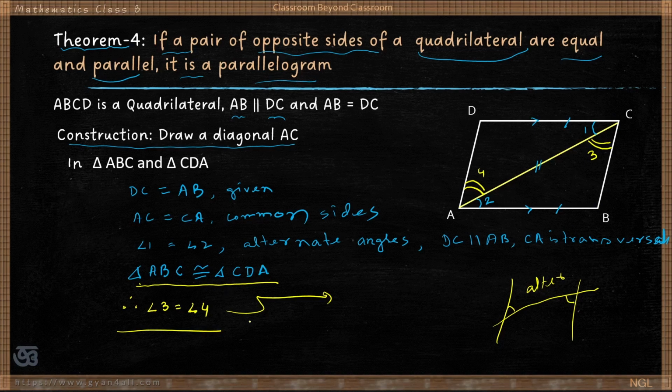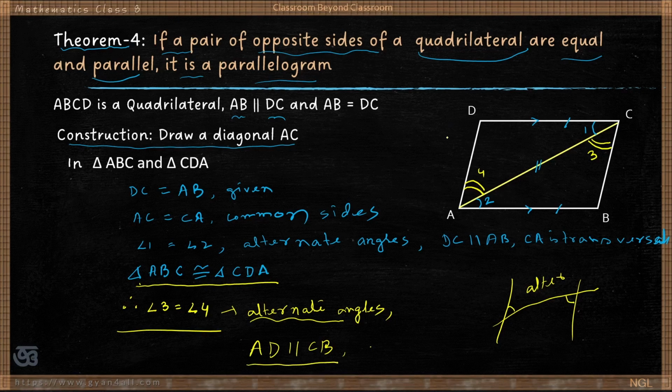So if alternate angles are equal, and CA is a transversal, therefore AD is parallel to CB. So what we get finally, AD is parallel to CB.